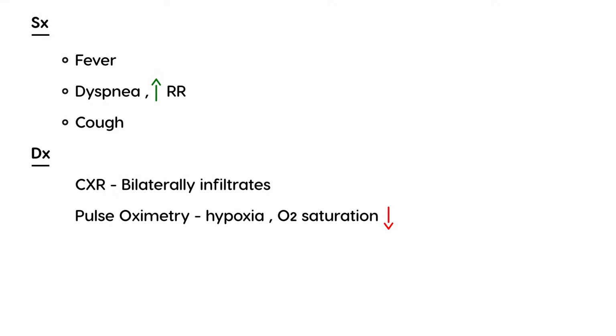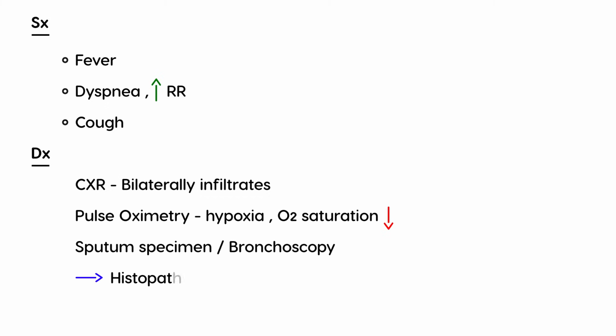But the key to the diagnosis of this type of pneumonia is that you have to get a sample of the sputum, either induced by cough or through bronchoscopy. And that has to be analyzed. You have to actually do a stain to get the histopathological demonstration. And the organism, of course, is Pneumocystis jirovecii.